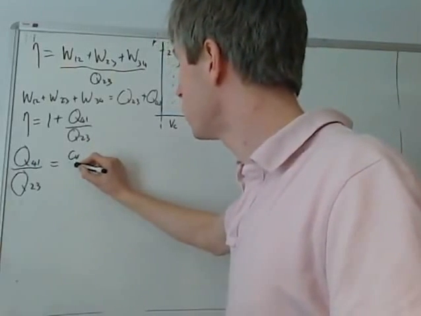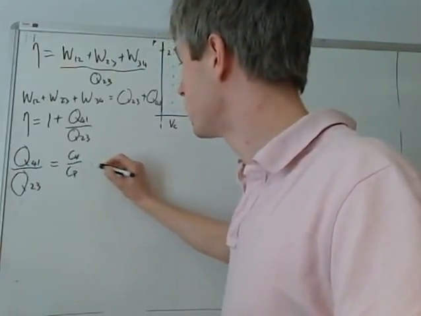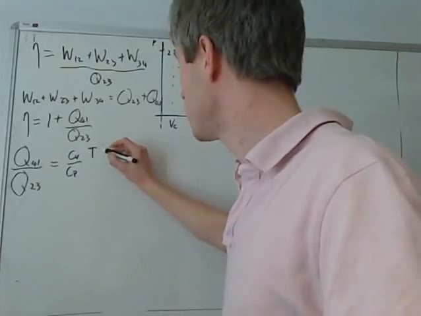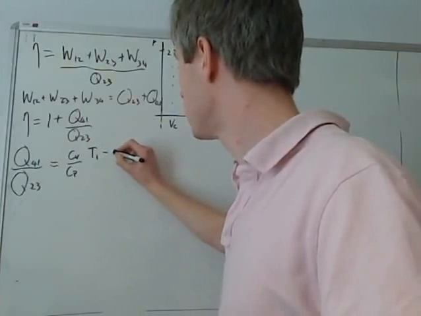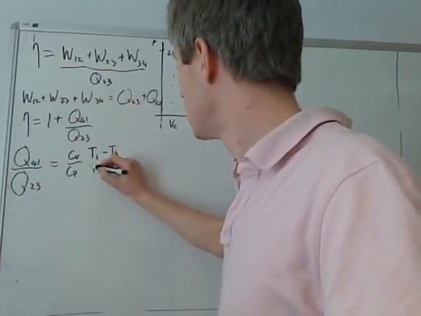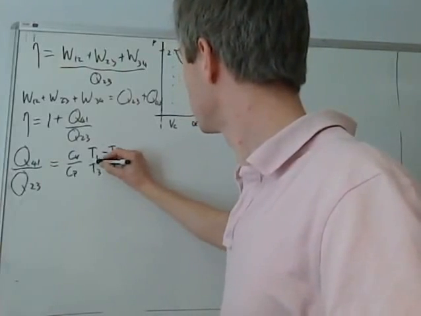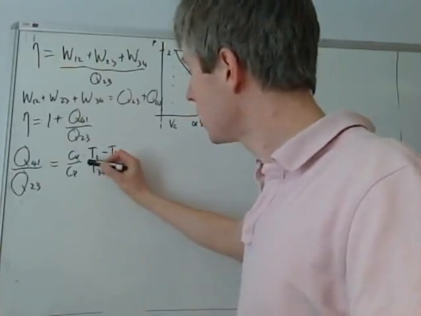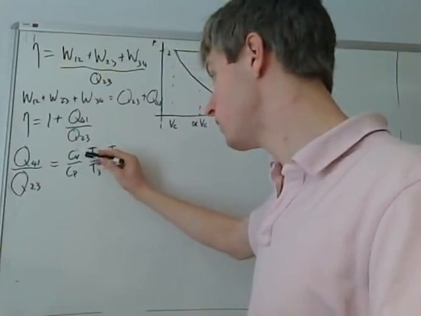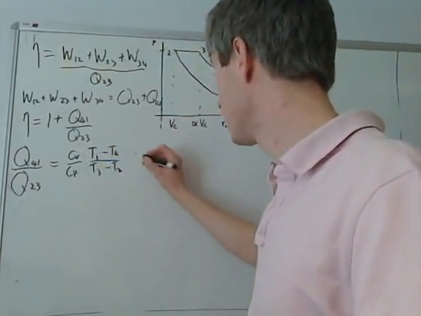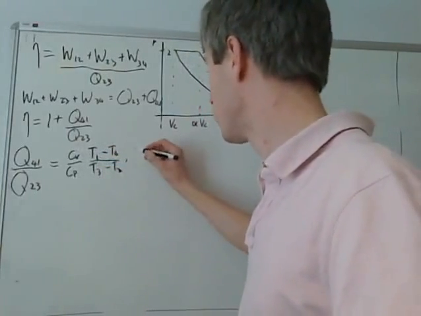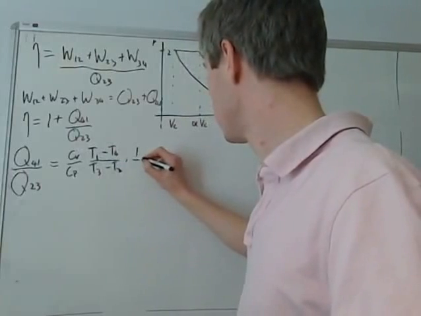We're going to use CV for the top one and CP for the bottom. And then the temperature range is T1 minus T4, T3 minus T2. Now, we know this ratio, CV over CP, is known as gamma, or 1 over gamma.